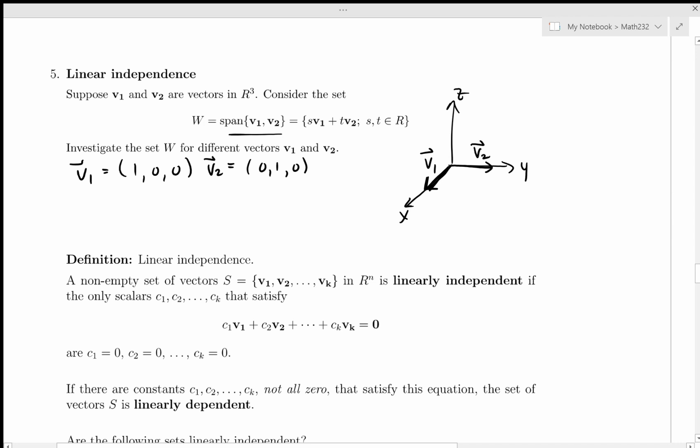Okay, and then I'm asking where is W, and W continues here, but it's the ground, if you will. It's the entire XY plane. So in this case, W, the span of 1, 0, 0 and 0, 1, 0, is the XY plane.